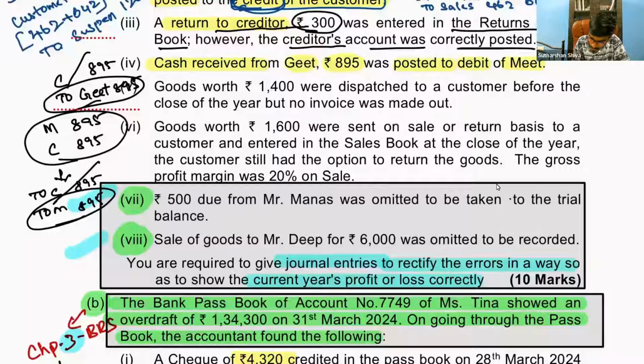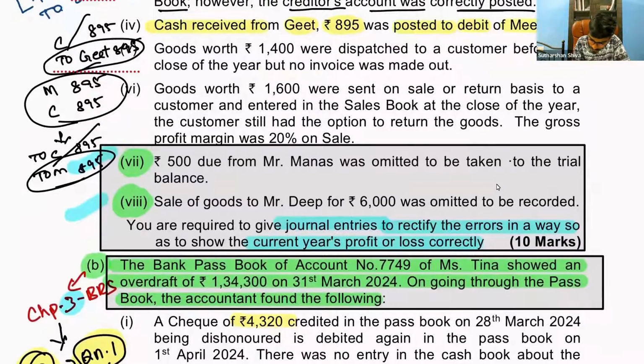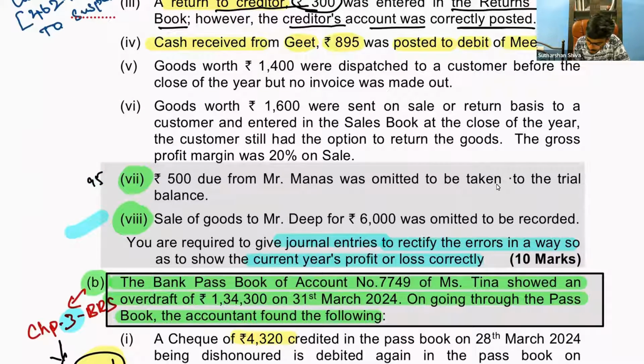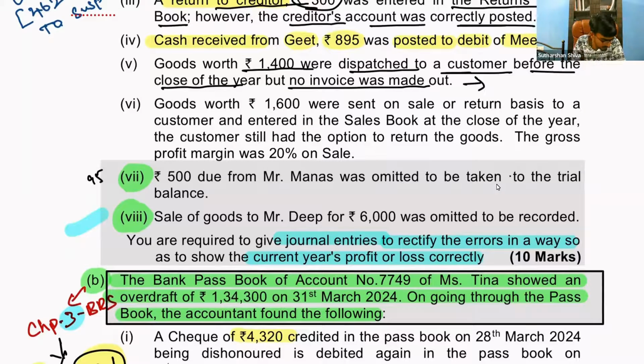Then question number 5. Goods worth 1400 were dispatched to a customer before the close of the year, but no invoice is made. It means no entry has been passed. What is the entry for goods dispatched to a customer? What is the sales entry?